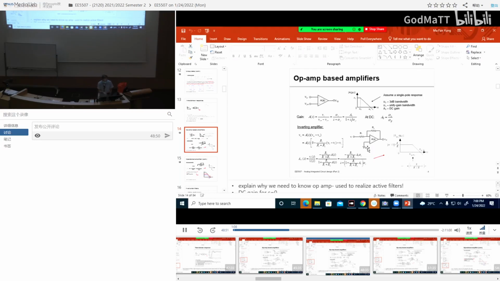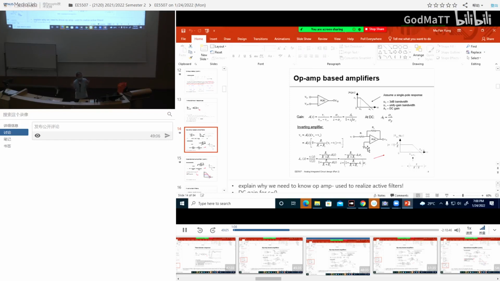The simplest way to analyze this is to first assume the op-amp is ideal. Remember you all did this first order analysis, where you assume the op-amp is ideal.